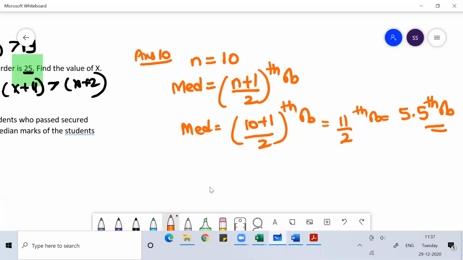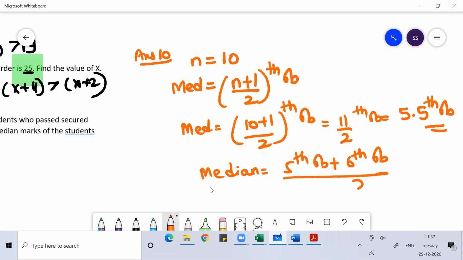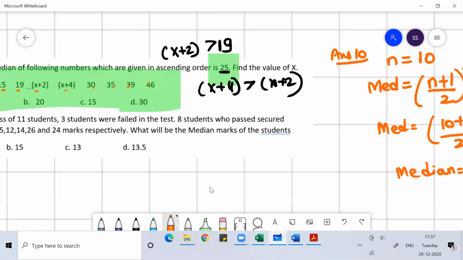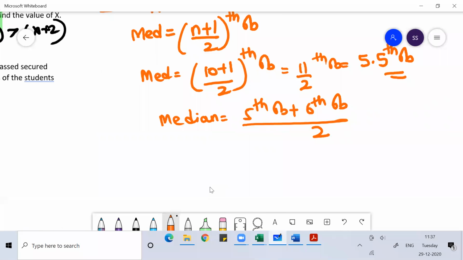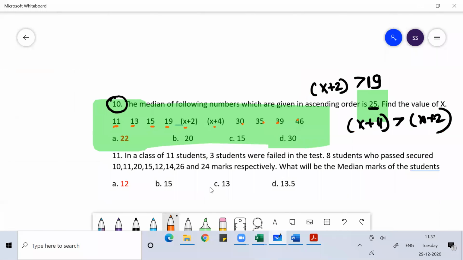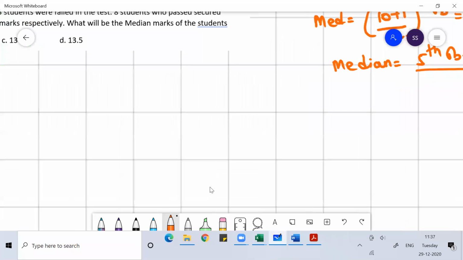Because the median is the 5.5 observation, you can do 5 plus 6 divided by 2, or 5 plus 0.5 into 6 minus 5. So your median is the arithmetic mean of the fifth observation plus the sixth observation divided by 2, and that is given as 25. The fifth observation is x plus 2 and the sixth observation is x plus 4.